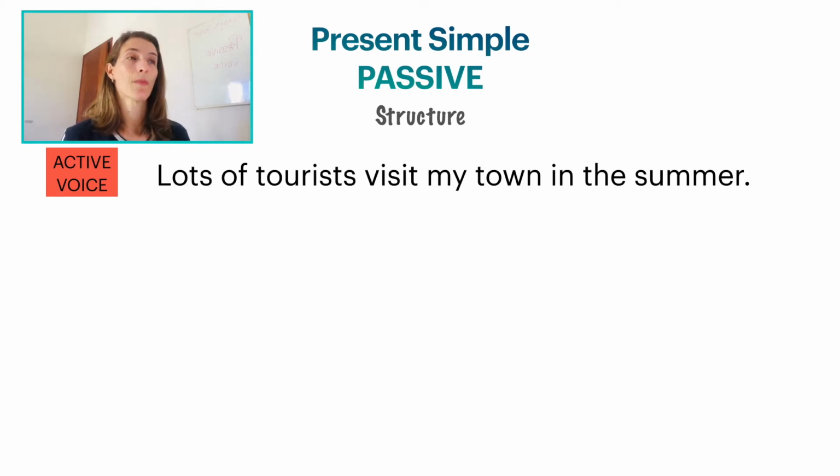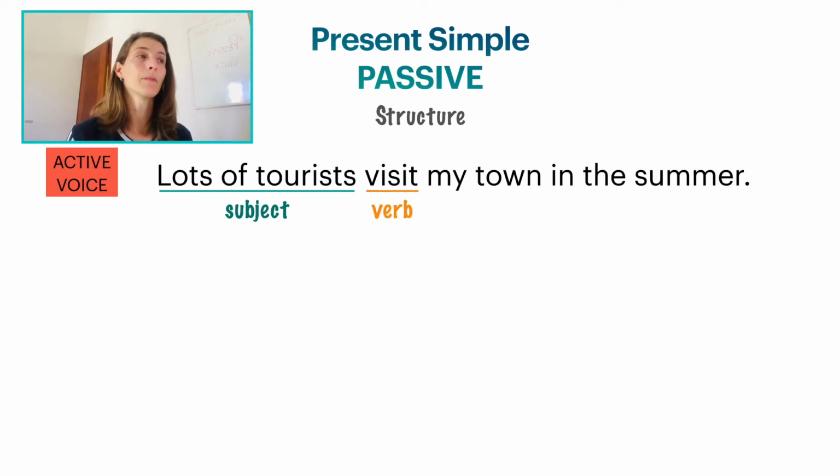Okay, so we have lots of tourists. That is the subject of the sentence. Visit, that would be the verb, of course, and my town is the object. So we have subject, verb, object.